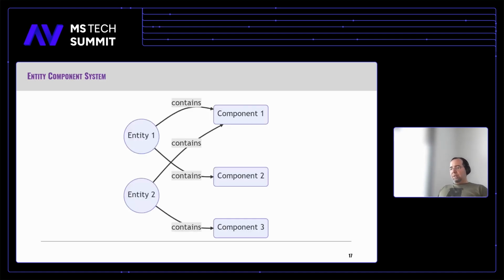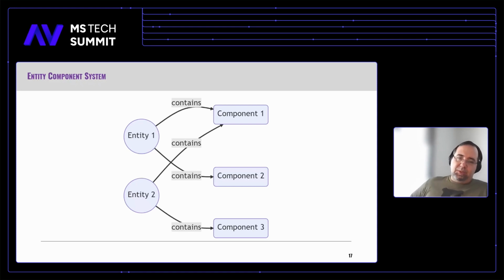Now, the idea behind this system is the following. You have entities, your business objects, right? Your business entities will be called entities. Very convenient, but those entities are essentially IDs. They mean nothing by themselves. They have semantic meaning from the perspective of business logic, but from the perspective of the design pattern, they mean nothing.